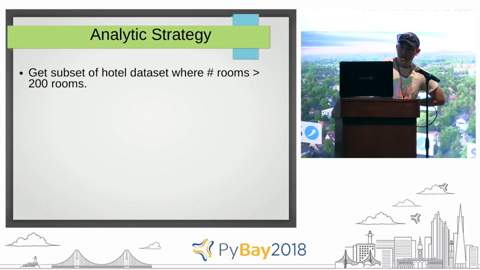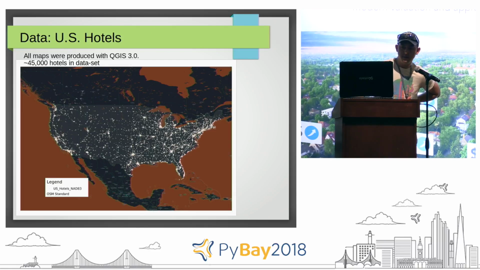In this application, I have a data set of hotels, about 45,000, which are scraped from TripAdvisor. If you look at the hotels, it kind of looks like this. And I'm going to subset the hotels for hotels that have more than 200 rooms.